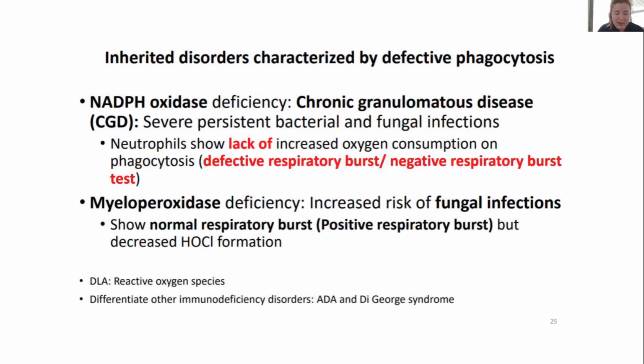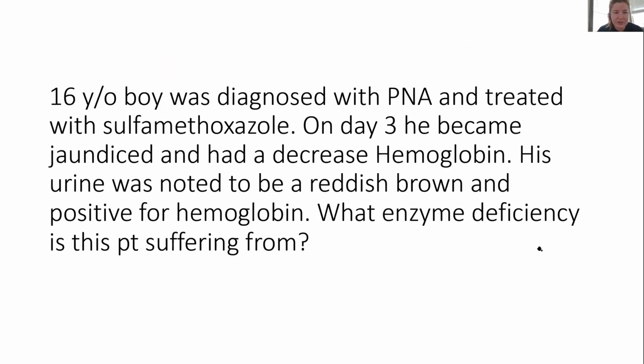Myeloperoxidase deficiency is a positive respiratory burst test, and chronic granulomatous disease correlates with an NADPH oxidase deficiency, so you have this lack of oxygen consumption. It's defective. So make sure you can tell the difference between those two.